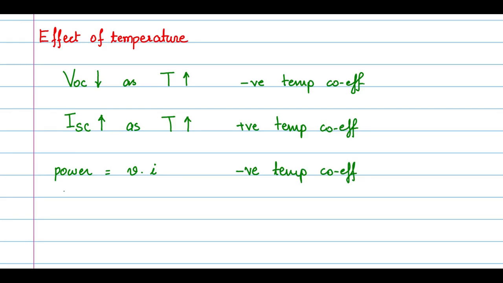This would imply that PM would decrease as temperature increases. So these are the main effects that you would see on the PV cell parameters due to variation in temperature.